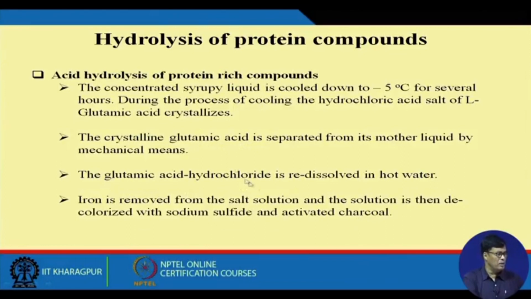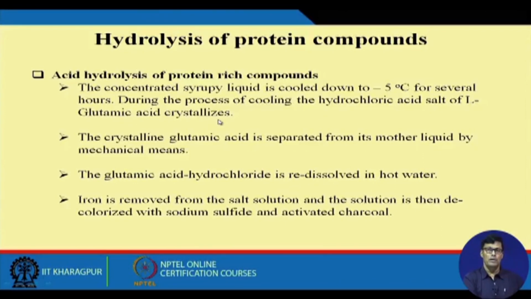Now, in the acid hydrolysis of protein rich compound, the concentrated syrup liquid is cooled down to -5 degrees centigrade for several hours, and during this cooling, the hydrochloric acid salt of L-glutamic acid crystallizes out.